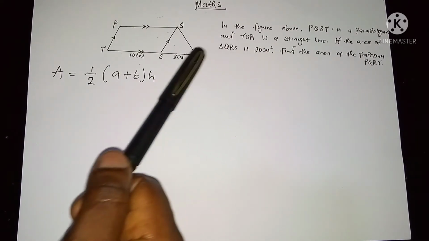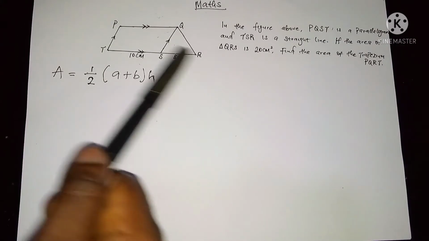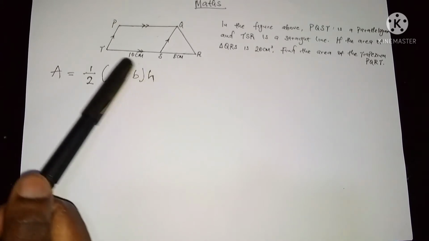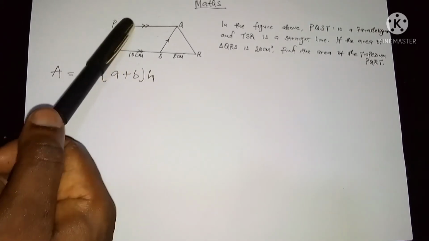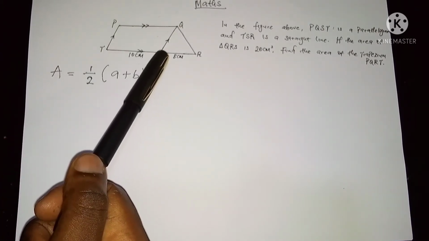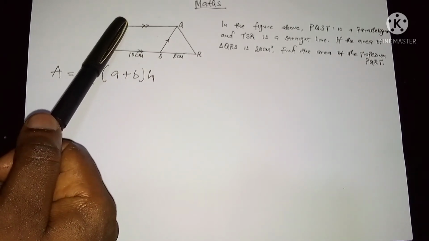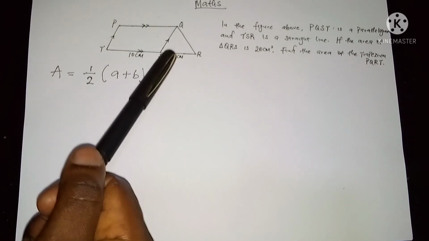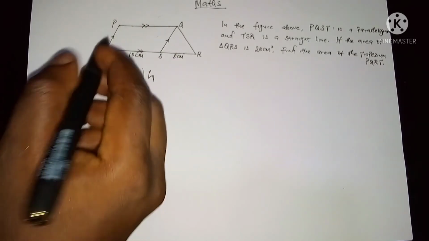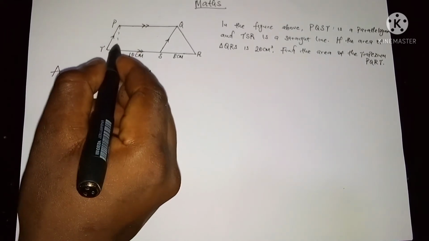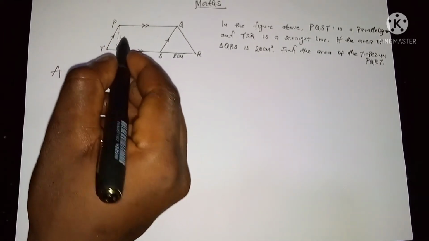So we can find the height of this trapezium using this triangle, since the distance between two parallel lines is equal. The distance from here to here is the same as from here to here. This is what we call the height, h.